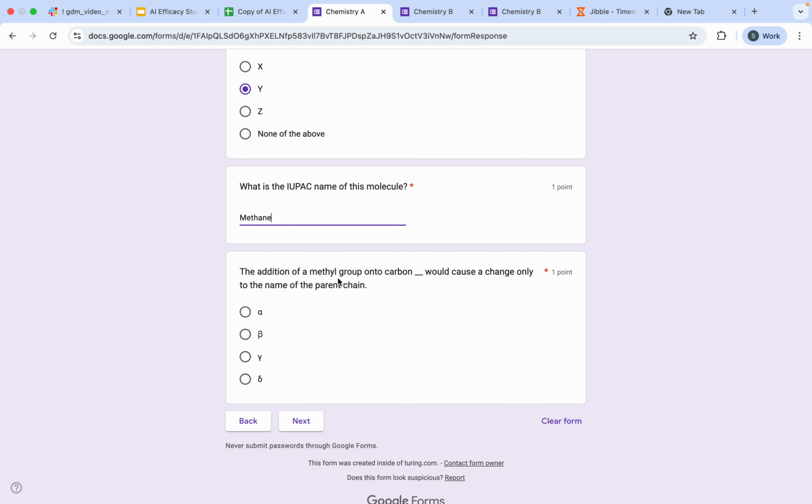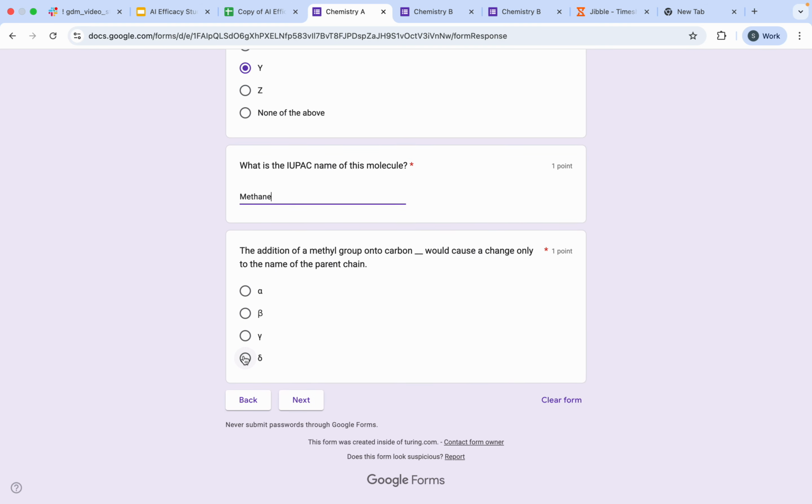The addition of a methyl group on carbon dash would cause a change only to the name of the parent chain. Delta, yeah, delta.